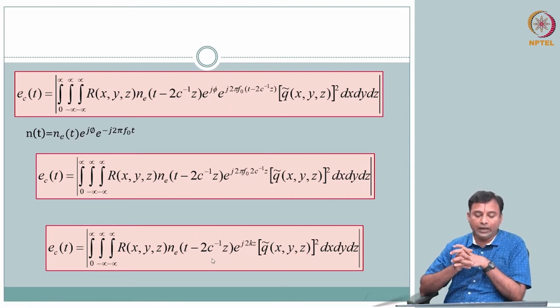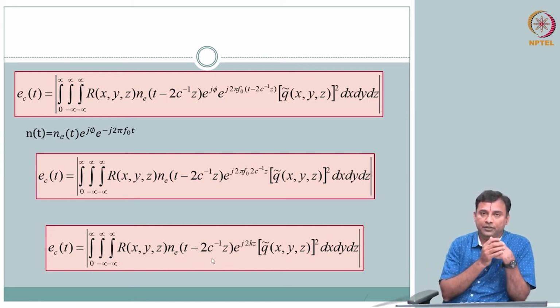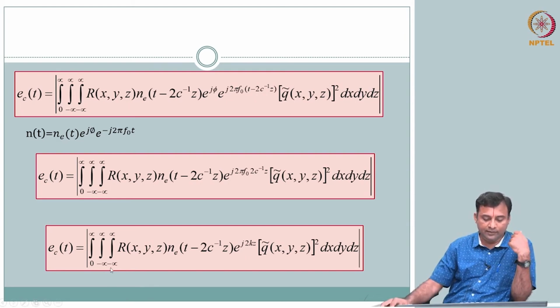We are all set to recognize what this is telling us, right? So this is the data that you are going to record. You send the signal, you receive the signal. This is that received signal.